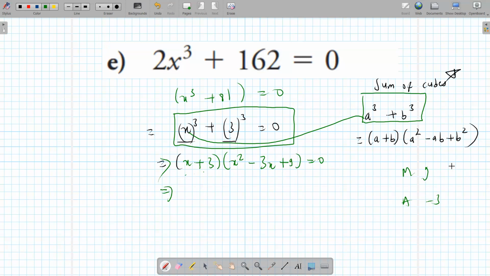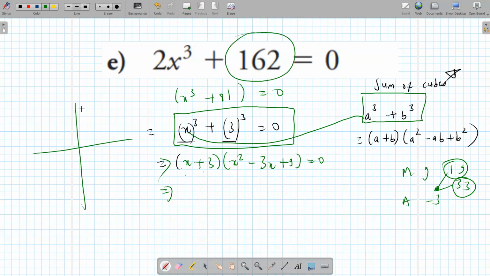The only thing that multiplies to 9 is 1 and 9 and 3 and 3. No combination of this will ever add up to negative 3, yeah? There's only one x-intercept. Y-intercept is given in the question, 162. X-intercept is negative 3, starts in Q3, ends in Q1. So it probably looks something like this.